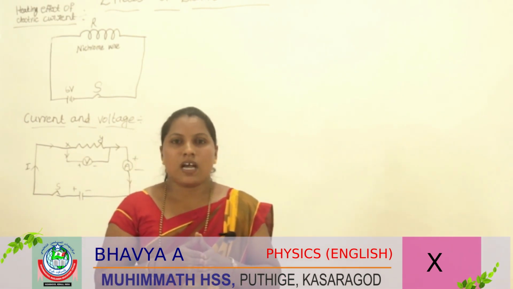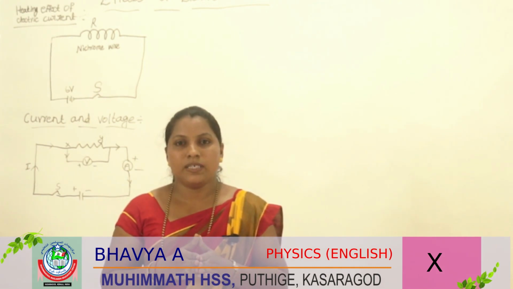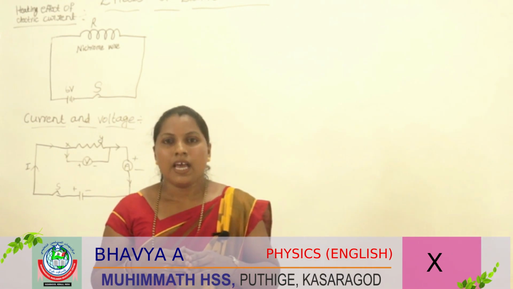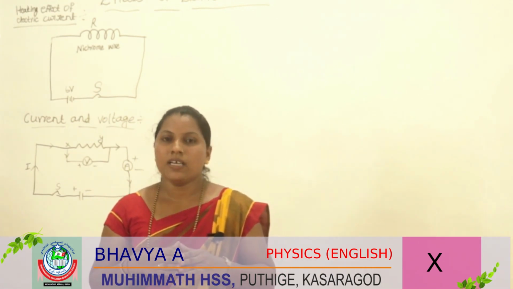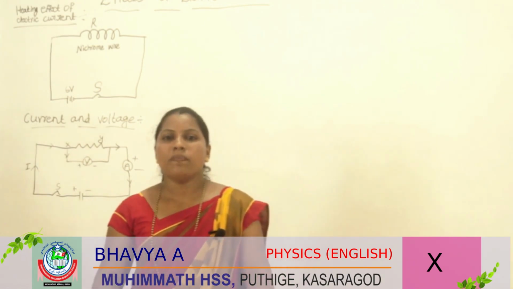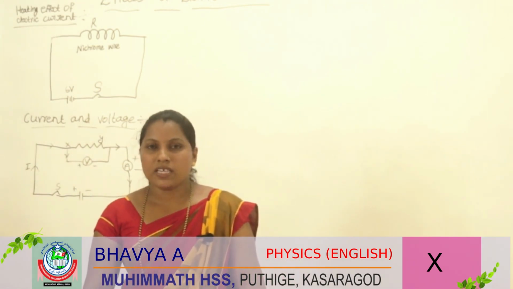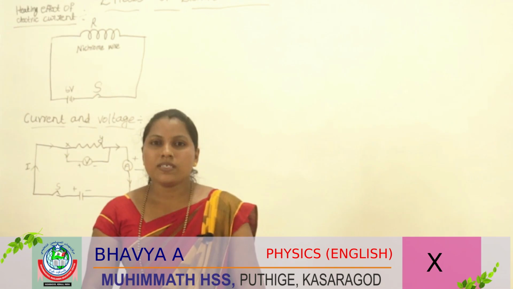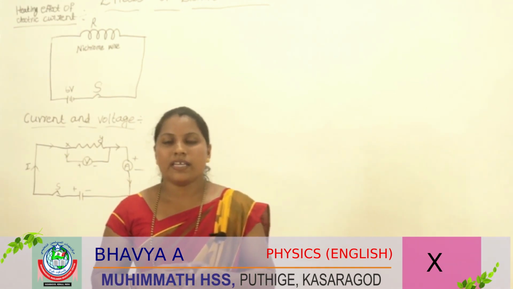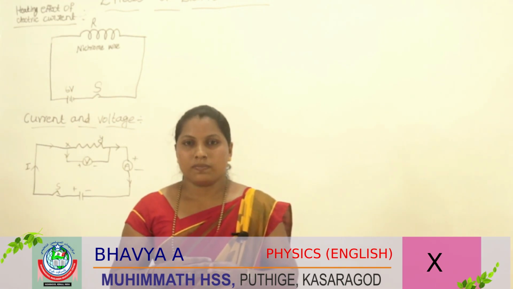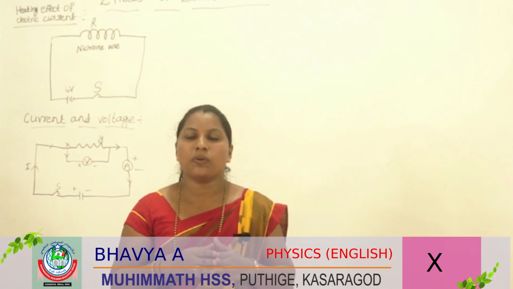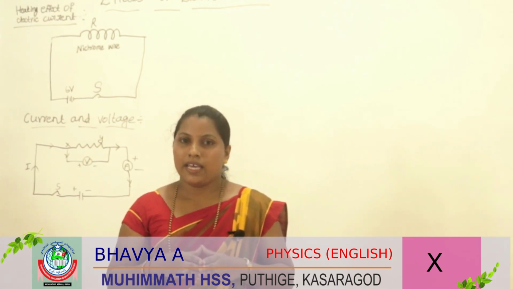So, in this chapter, we are studying deeply about lighting effect and heating effect. You know that some devices convert electrical energy into heat energy, no? Which is that example? One is iron box, another induction cooker. So, in that, electrical energy is converted to heat energy.